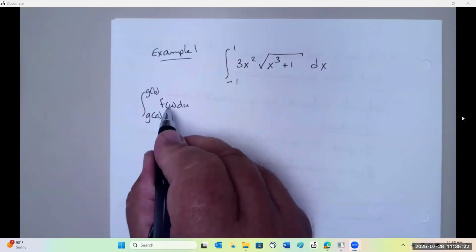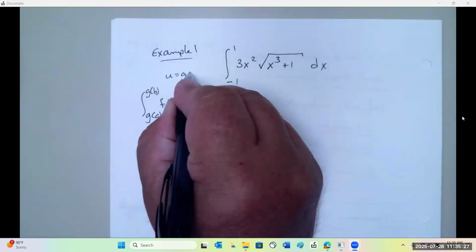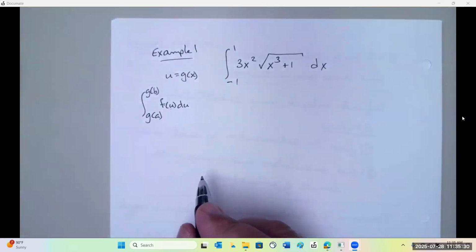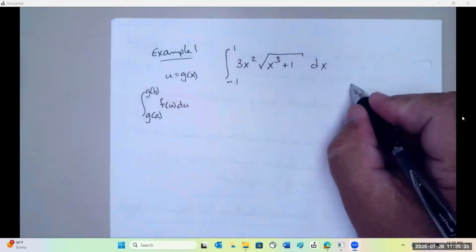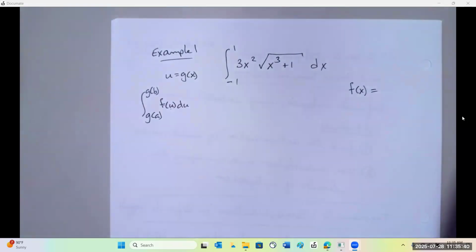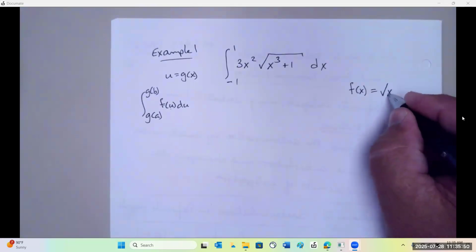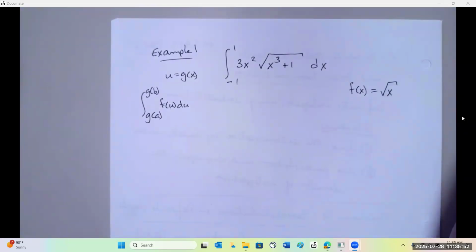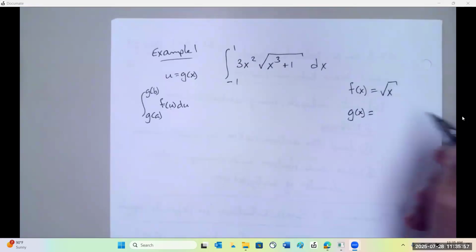So let's figure out what our outer function is, what our inner function is, because u is g of x, and then the derivative of it. So what's our f of x? What's our outer function? The square root of x. Because the inside function has to be g of x.